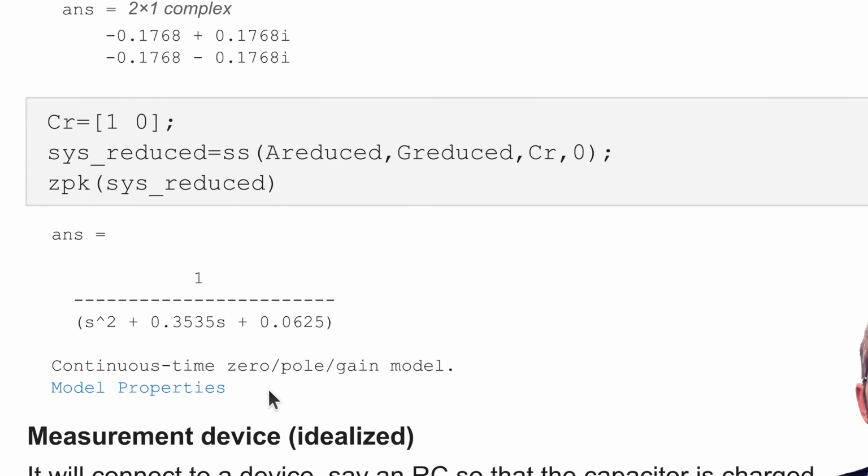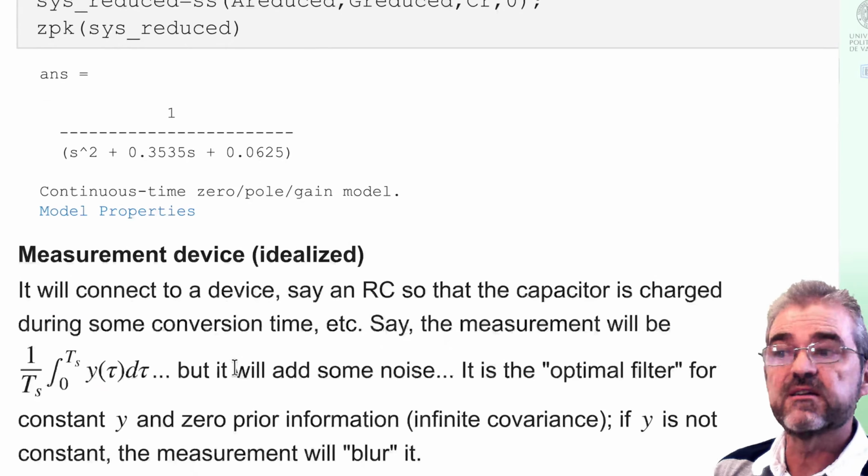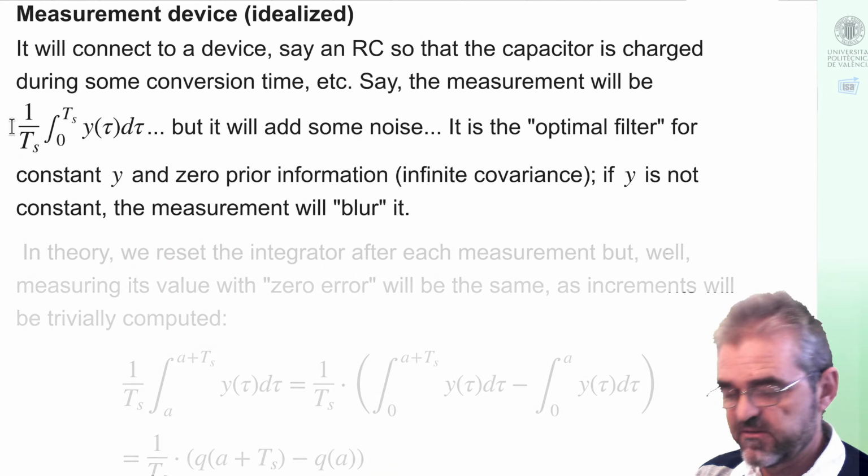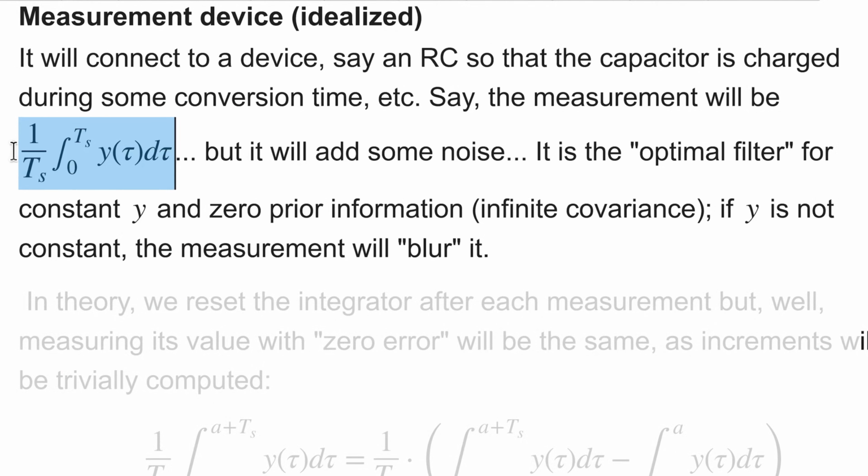So let's insert the idealized measurement device in our equation, and my measurement device will be a finite time averaging, and we will try to sort out which is the optimal value for that averaging acquisition time.